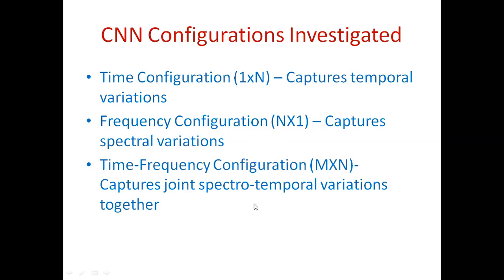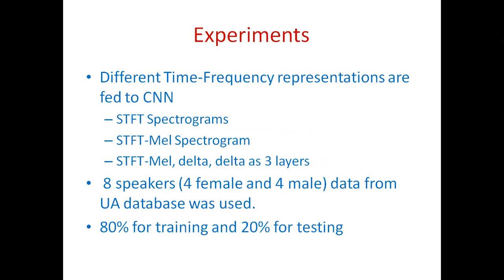So if I want to capture both time and frequency variations together, then we have to make use of the time frequency configuration. That means the kernel size should be of the type m cross n. It is not 1 cross n, it is not even n cross 1, but it should be m cross n.